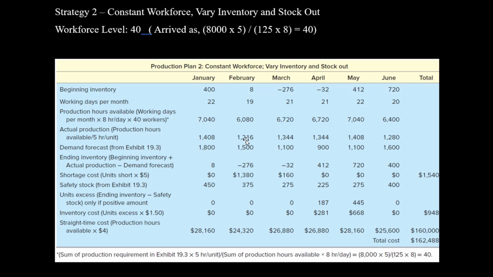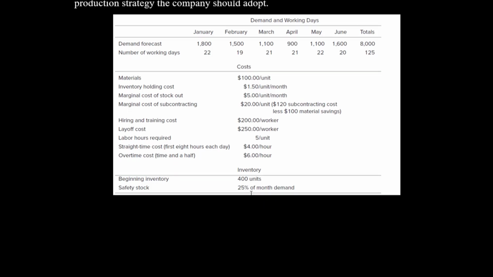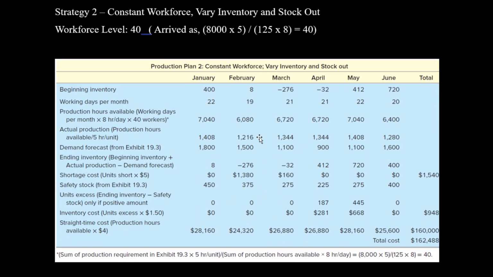What is the requirement? We want 1500. So definitely we are not going to fulfill the requirement, and we are going to run short by 276, right? Because beginning inventory plus actual production minus demand forecast will give us minus 276.